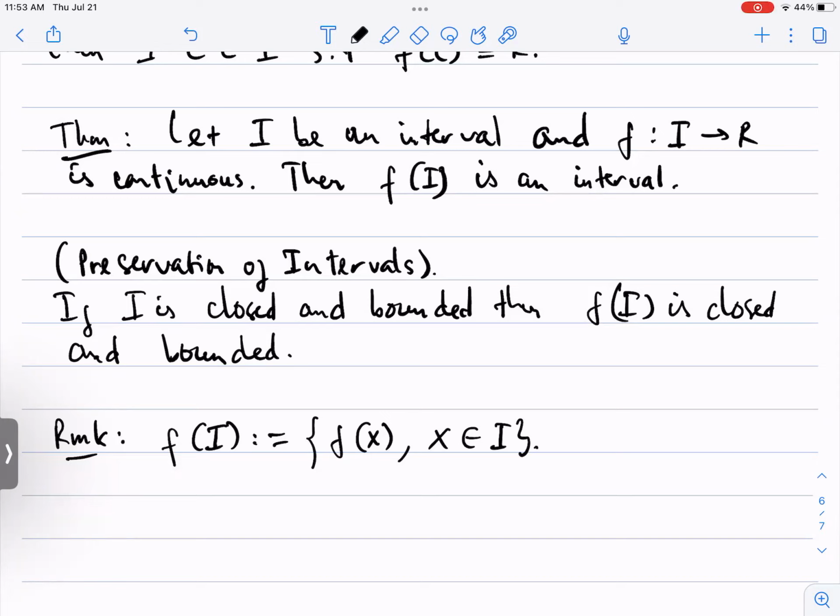We show that under this continuous function, an interval is mapped to an interval. If the interval is closed and bounded, then its image is also closed and bounded. That's why the theory we discussed in this session allows us to apply real analysis to many problems, including mapping and imaging.